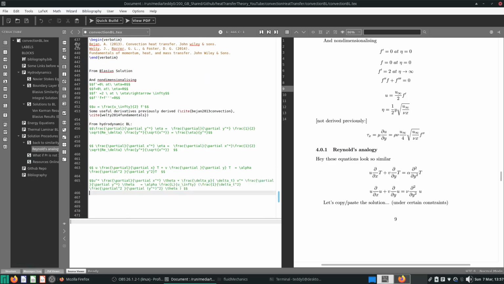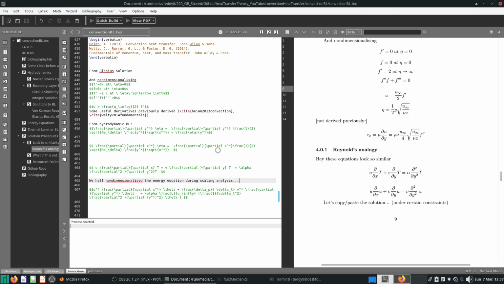We half non-dimensionalized the energy equation during scaling analysis.